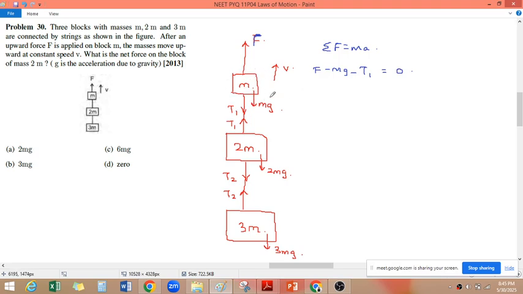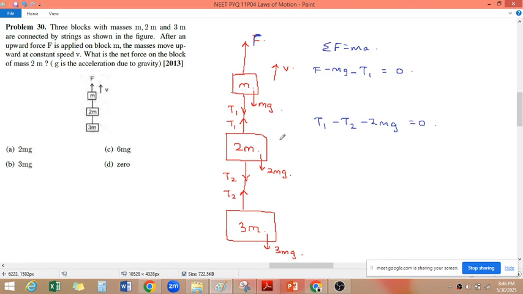So I have to draw this separately. This will be separate, like a free body diagram. But here I can show it together. So same, sigma F is equal to ma. So T1 minus T2 minus 2mg is equal to 0.